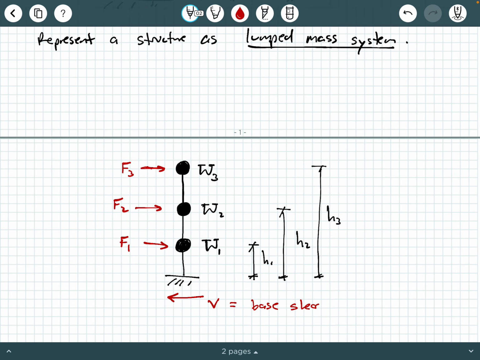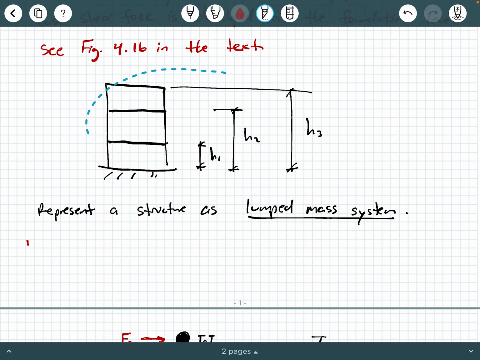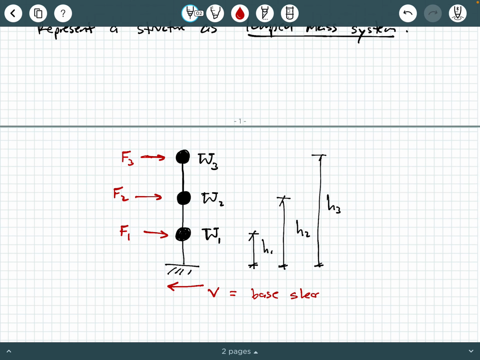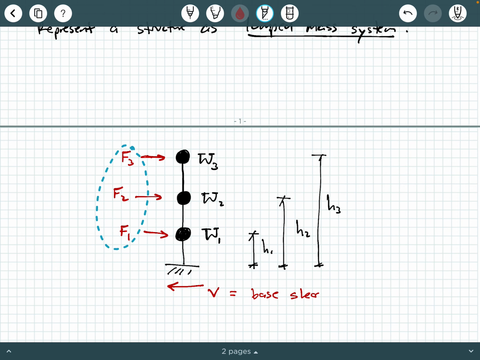So again, we're modeling this framed system as this thing called a lumped mass system. Mass is maybe not the best word. You could call it a lumped weight system if you want. But we represent it like this, where we still have the real heights, but we have these equivalent lateral forces.